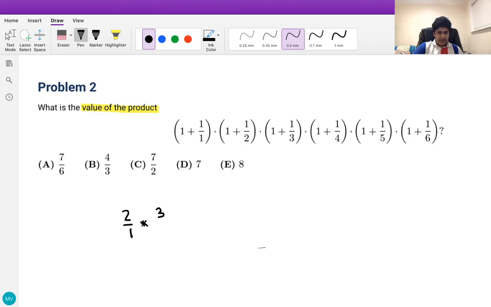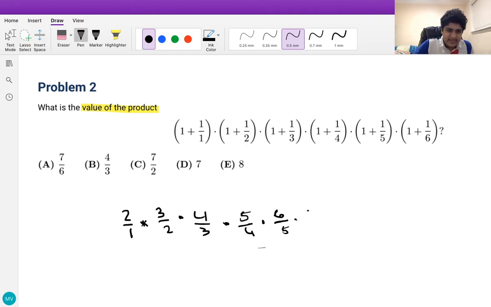We multiply that by 1 plus 1 over 3, similarly equaling 4 over 3. And then we proceed. 1 plus 1 over 4 is 5 over 4. 1 plus 1 over 5 is 6 over 5. And 1 plus 1 over 6 is 7 divided by 6.